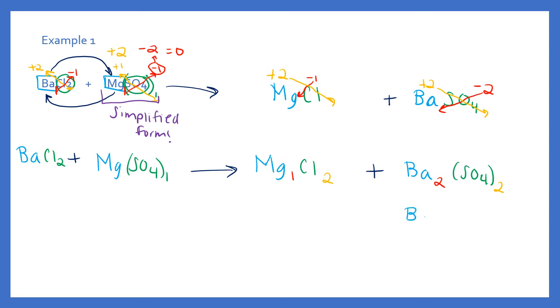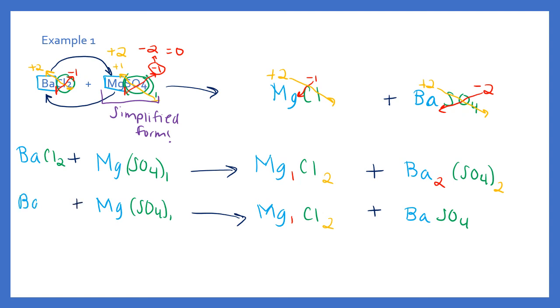So we can take a 2 out, so it should actually be just BaSO4 plus Mg1Cl2 creates MgSO4 with a 1 plus BaCl2. So let's just stop and rewind and review what we've done.